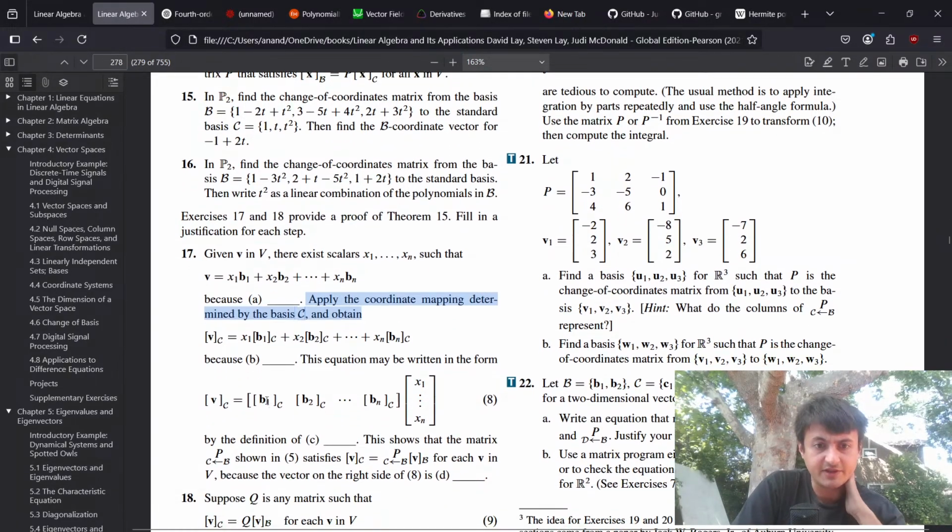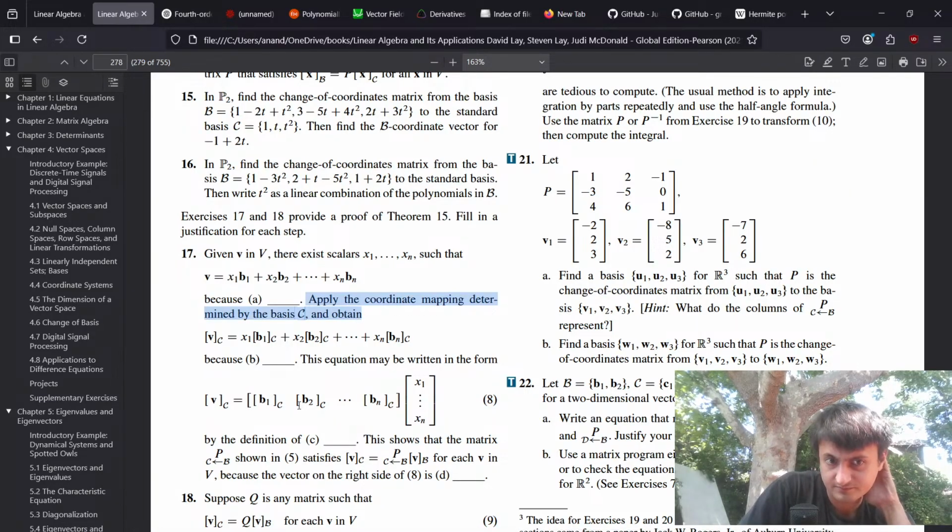The equation may be written as a matrix vector product by the definition of linear combination.